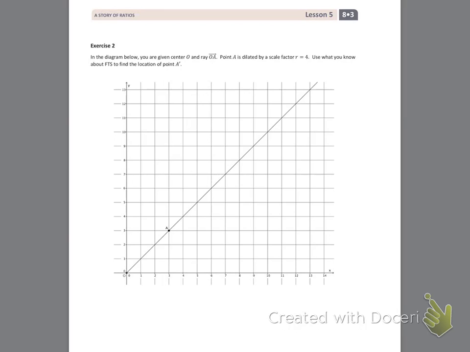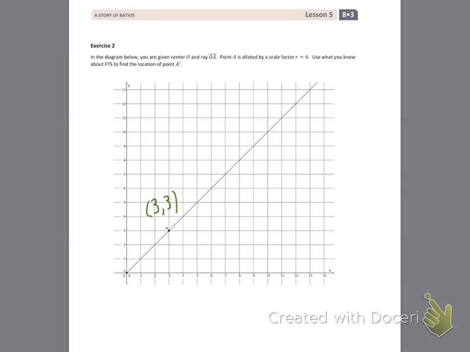Okay, so find exercise 2 in your handouts, and you have this diagram where point A is marked at coordinates 3, 3, right here. And it says, in the diagram below, you're given center O and ray OA. Point A is dilated by a scale factor r equal to 4.